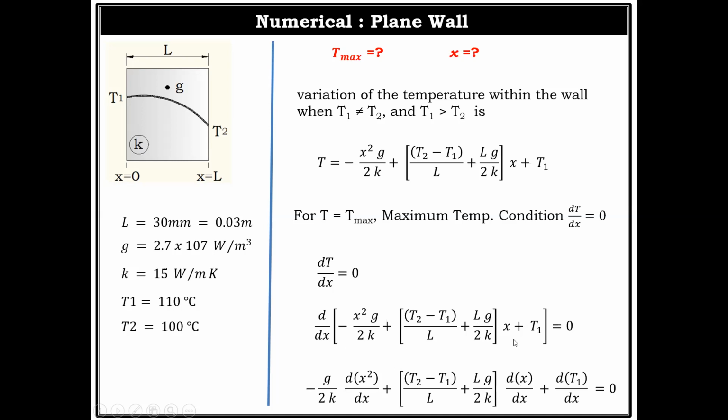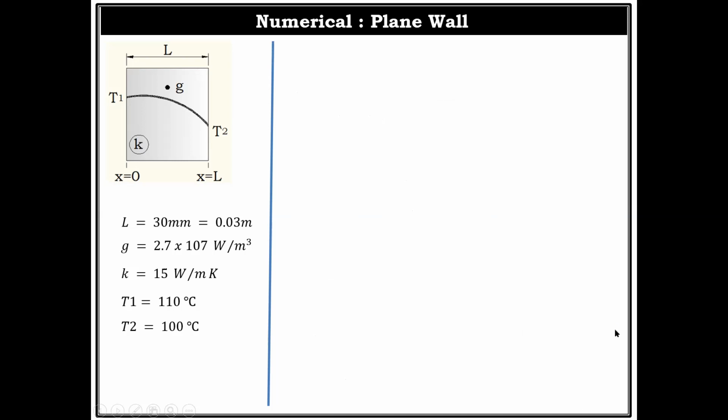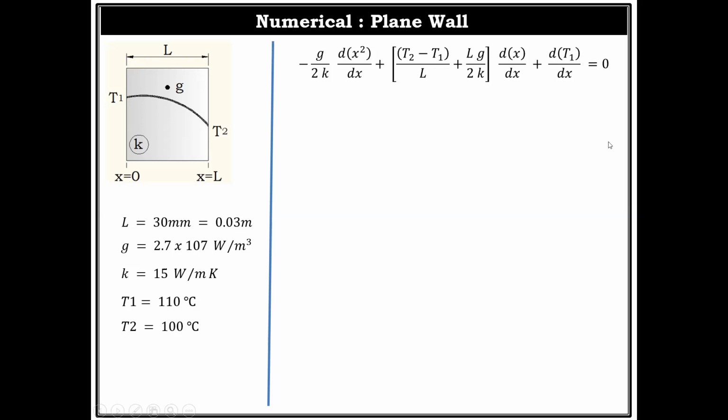So d by dx of this x only, plus d by dx of T1, where T1 is also constant with respect to x, and equate to 0. So this is our equation. Now on simplifying, it becomes minus G upon 2K, x square becomes 2x, plus this bracket remains as it is, d by dx of x becomes 1 and d by dx of T1 becomes 0.